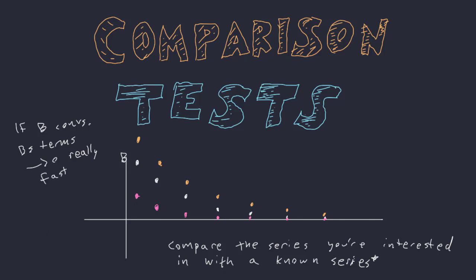Now A is trapped beneath B. It lives below it, so A must go to 0 even faster, meaning A also converges.